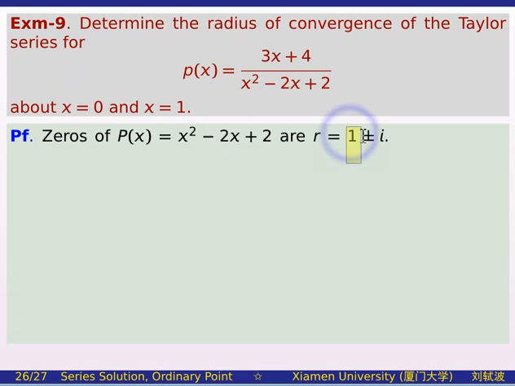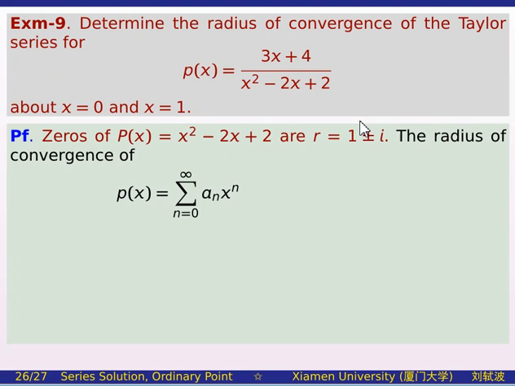Both 1 plus i and 1 minus i have the same distance to x equal to 0 in this example. Therefore, consider the corresponding power series, which is a series in x minus 0 to the power n, the power series about x equal to 0.